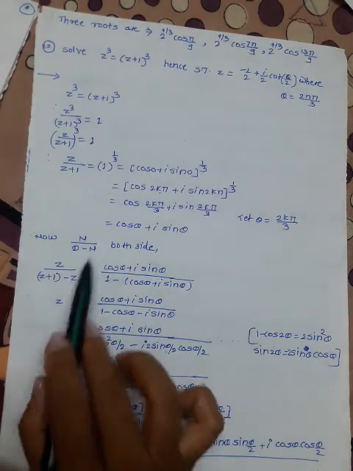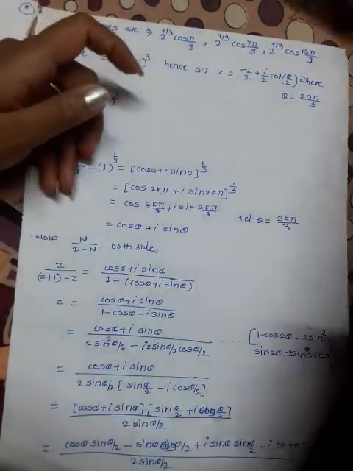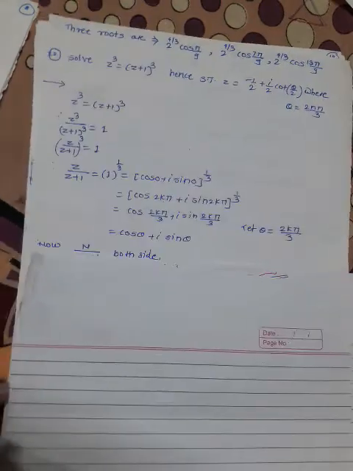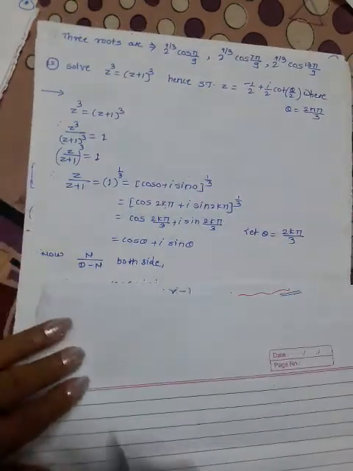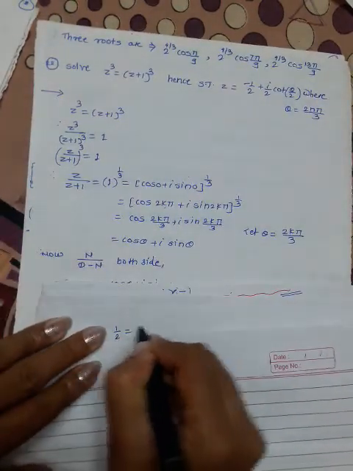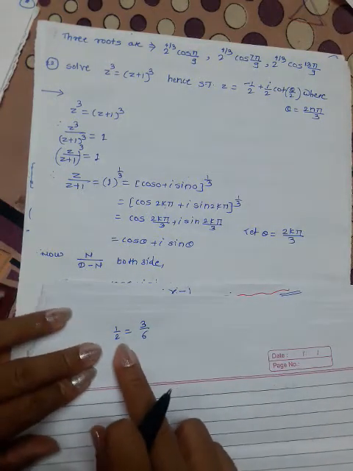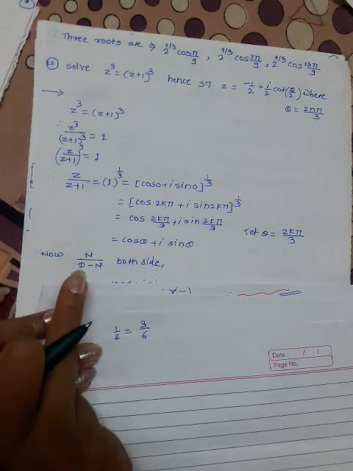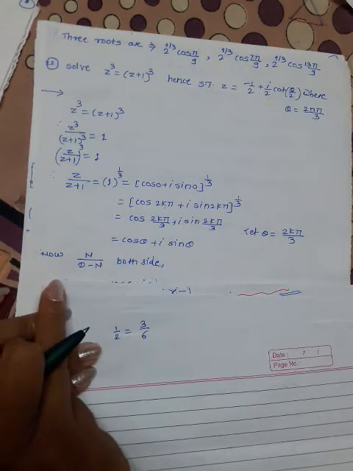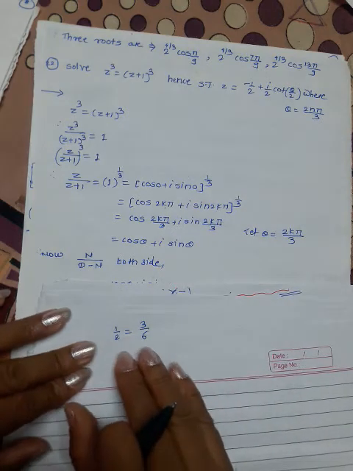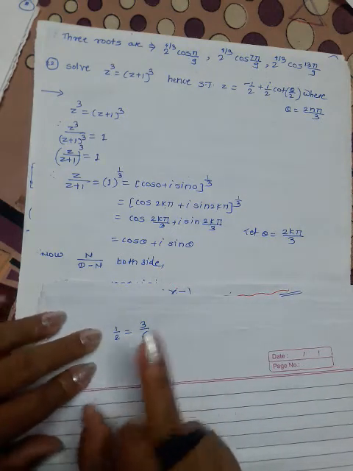Okay, this we can do, like for example, suppose 1 by 2 is equal to 3 by 6. Now what we have to do on both sides, by doing this procedure, the equation should be satisfied on both sides.